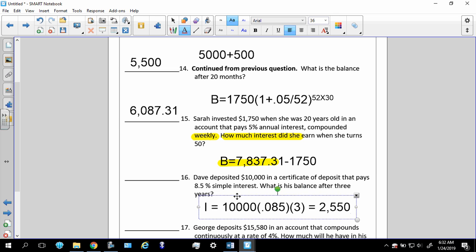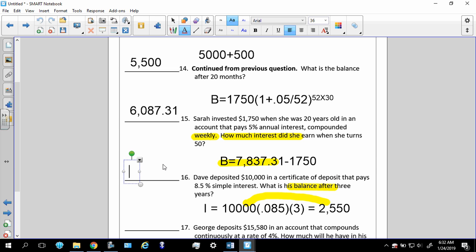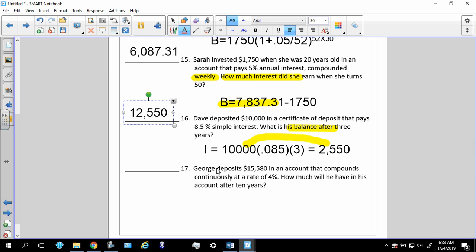But again, another curveball, read the question, and that is, what was his balance? All right, so his balance means I have to add it back. So I have to take 2,550 and add it back to 10,000. So when I do that, I get a balance of $12,550.